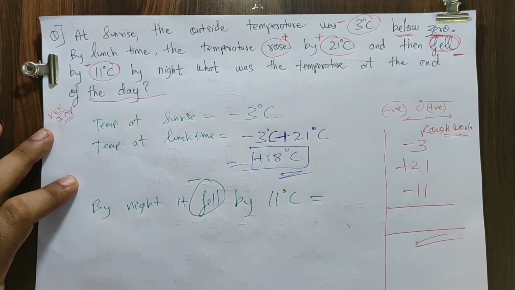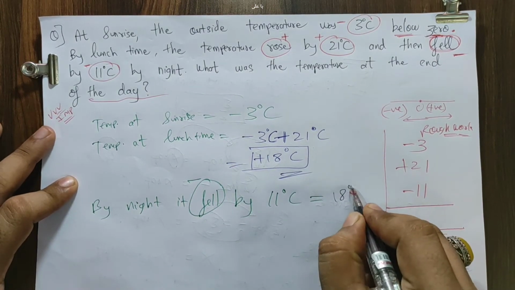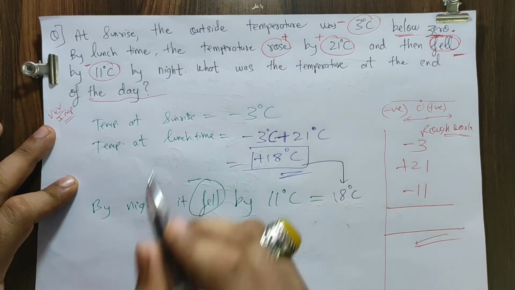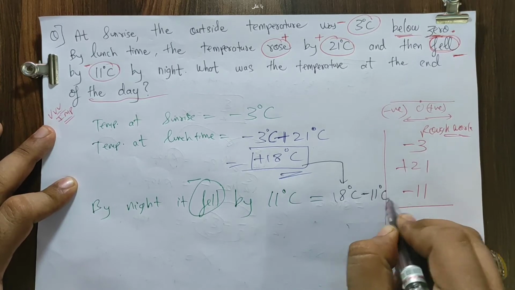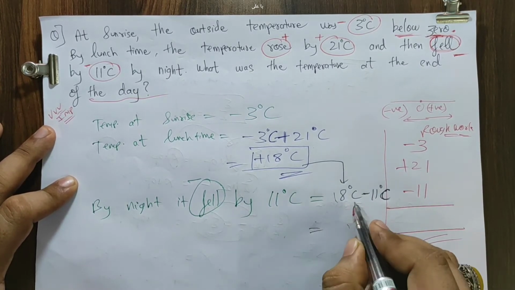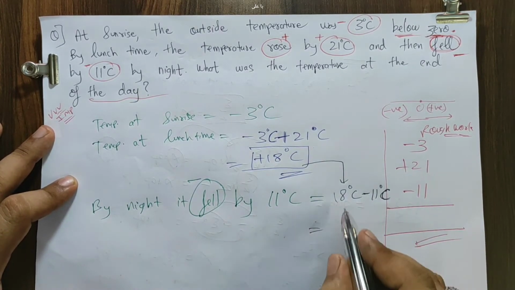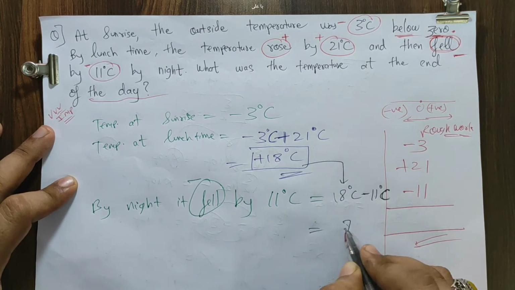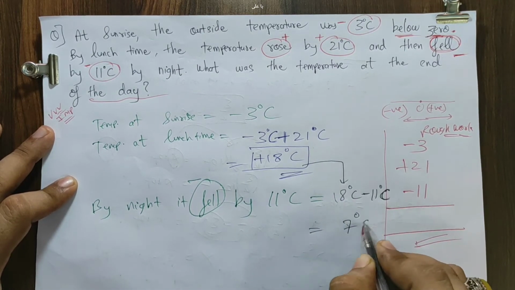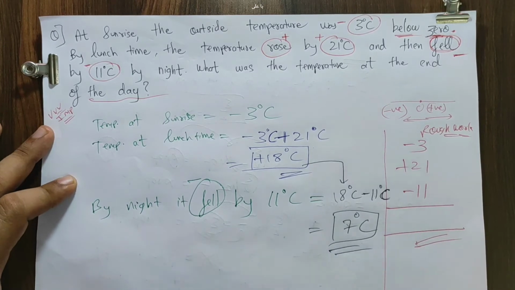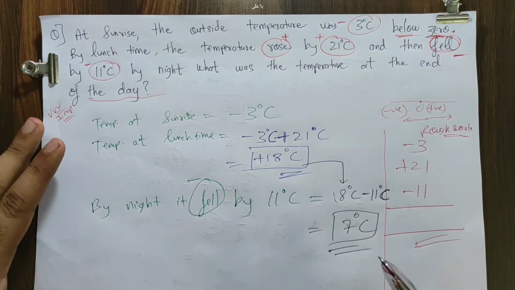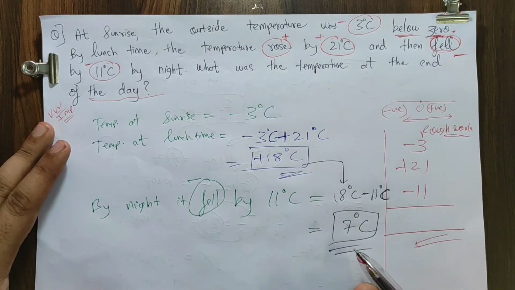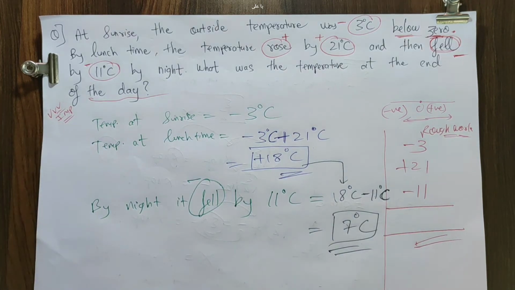So now 18 degrees Celsius was there up till lunchtime, minus 11 degrees Celsius. So 18 minus 11, all of you. 8 minus 1 is 7, and 1 minus 1 is 0. It's 7 degrees Celsius. That's it. So the current temperature is how much? 7 degrees Celsius.